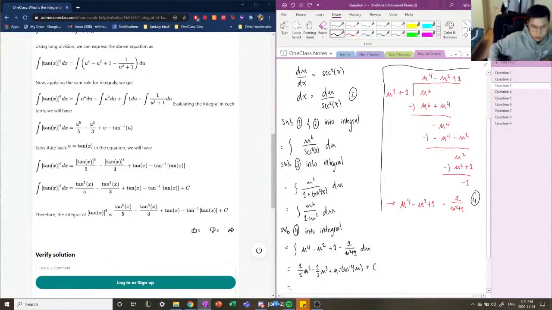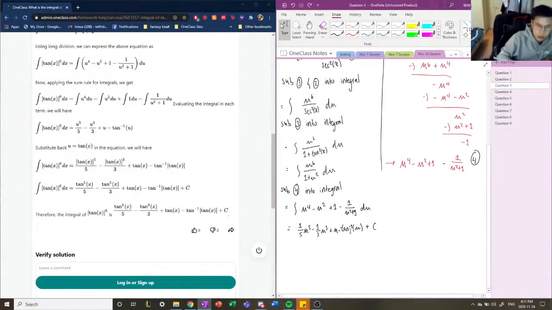Sub u back in. Once we sub u back in, we get 1 over 5 tan x to the power of 5 minus 1 over 3 tan x to the power of 3 plus tan x minus tan inverse of tan x plus c.